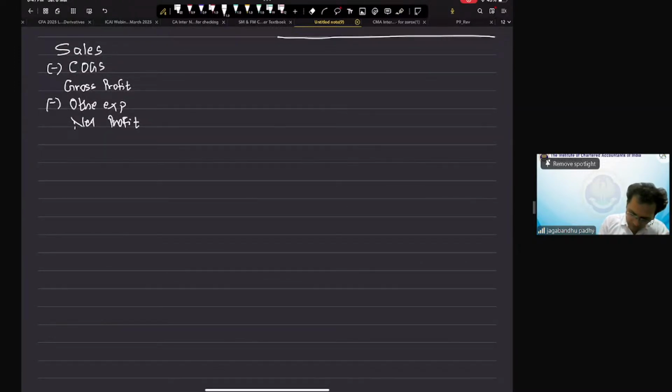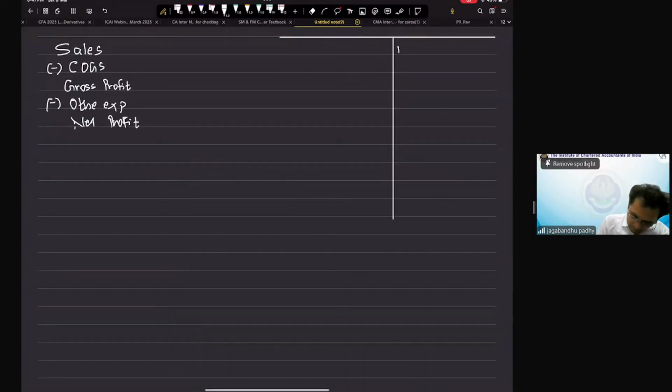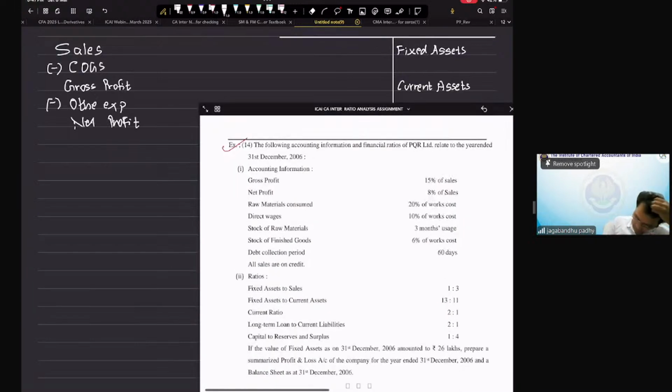Then in the T form balance sheet, let's try to fit in as many values as we can. So in the balance sheet, we have fixed assets, current assets, fixed asset to sales, fixed asset to current assets. Then we have long-term loan to current liabilities.